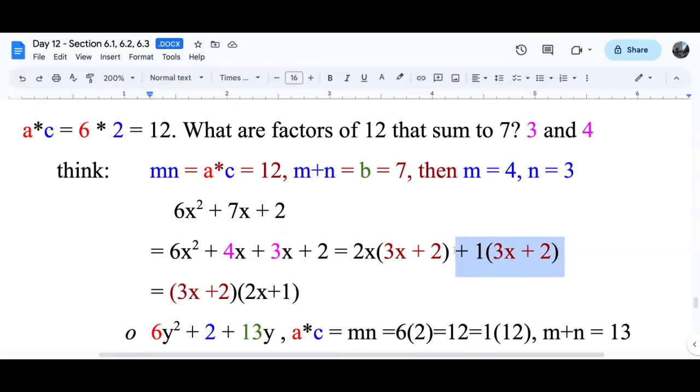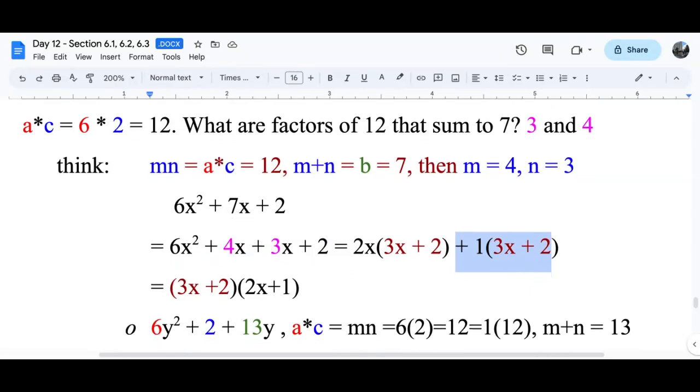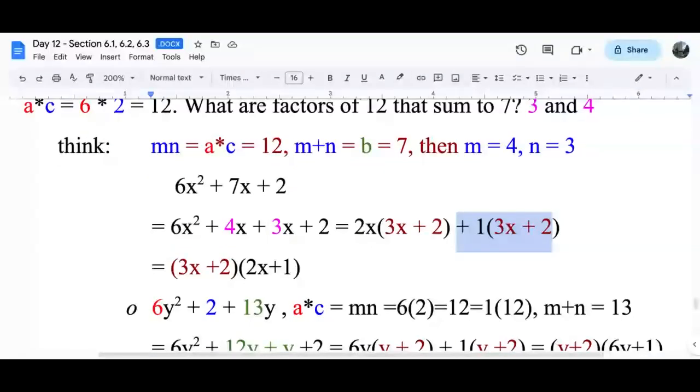Plus 1 times 3x plus 2. Now 3x plus 2 is a common factor, so factor out 3x plus 2. What's left for the first term? That's 2x. What's left for the second term? That's plus 1. So it becomes 3x plus 2 times 2x plus 1. Any questions?